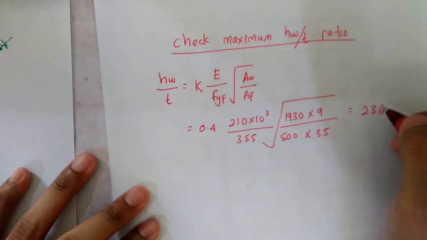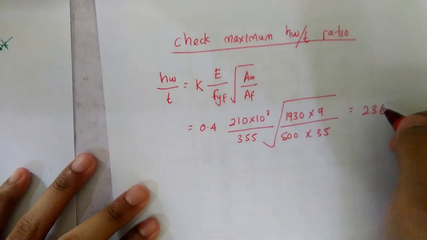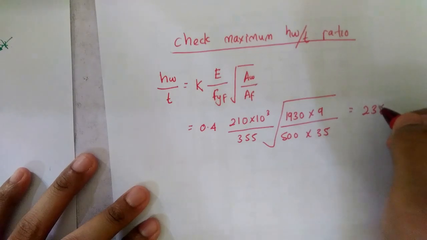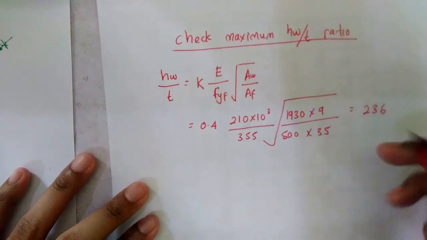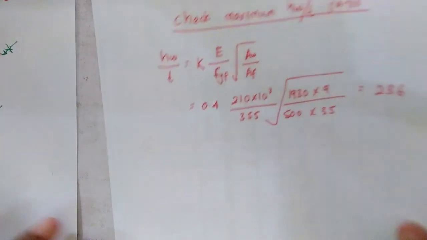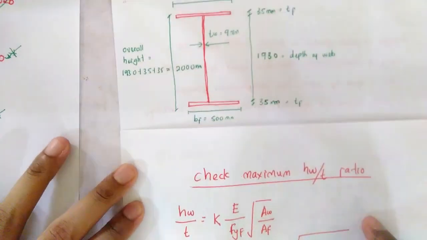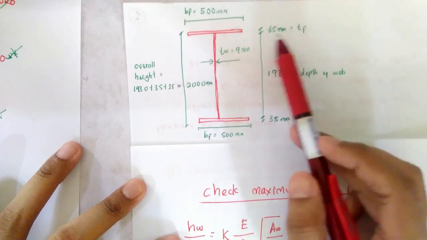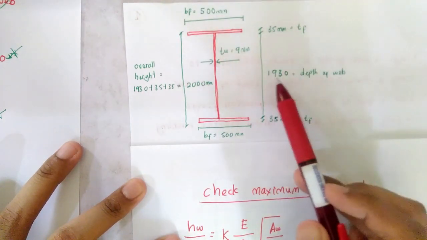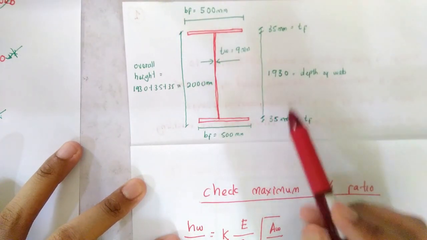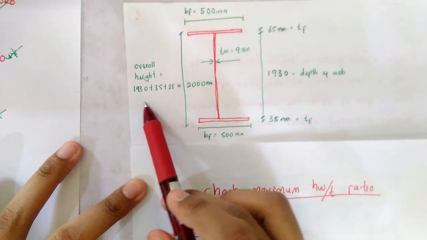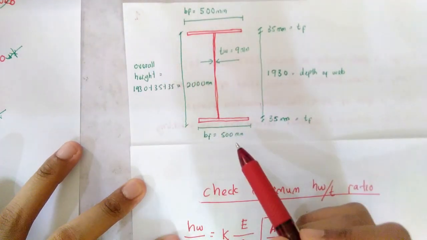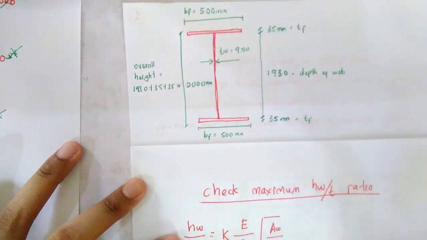So this is the maximum allowable ratio. When we designed our plate girder just now, we already determined that the bf is 500, thickness of flange 35, depth is 1930, and the overall depth we decided to get about 2000 mm.